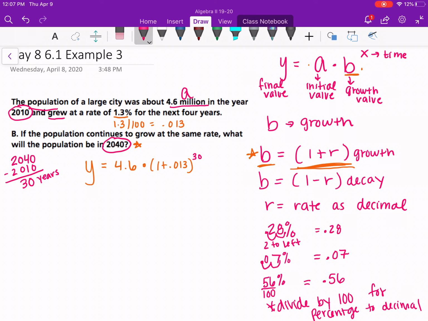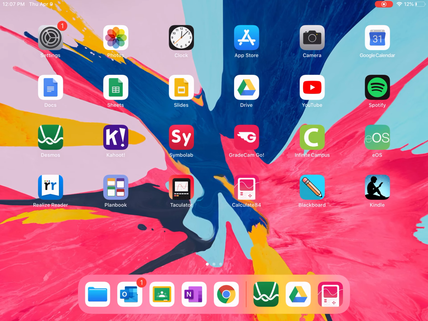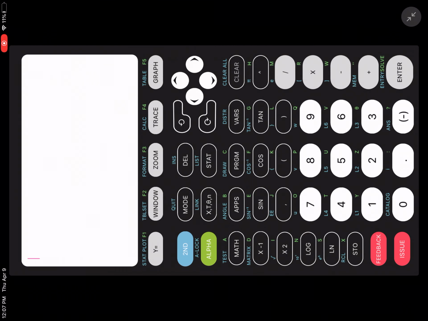So remember, I recommend the Calculate 84 app. I think I've mentioned it in all the videos. Also Desmos, also the TI-84 software is available online, okay? So make sure you're looking up one of those. I'm going to go to my calculator. Again, I'm so sorry that I can't rotate this for you, but I'm just going to do 4.6 times (1 plus 0.013) to the 30th, and then hit enter.